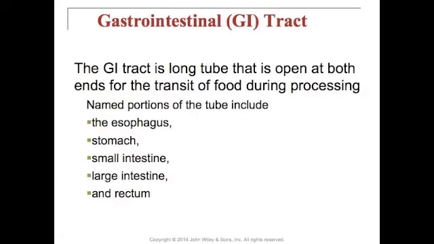The GI tract is a long tube that is opened at both ends for the transit of food during processing. The named portions of the tube include the esophagus, the stomach, the small intestine, the large intestine, and the rectum.